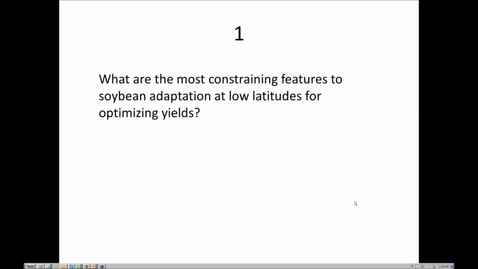Okay, Pete has a question. Yeah, there was a question from Carrie Clark about whether there are very many Brazilian lines that are not GMO, which would affect our ability to use Brazilian lines as parents.